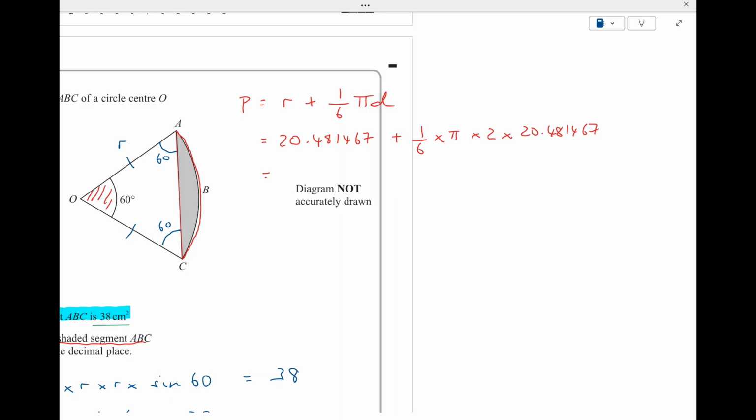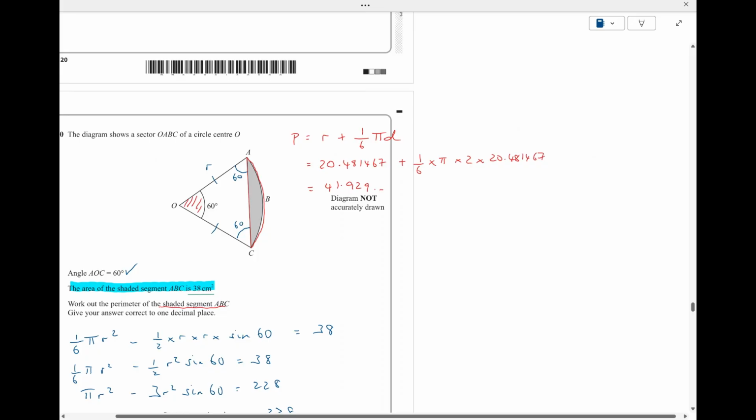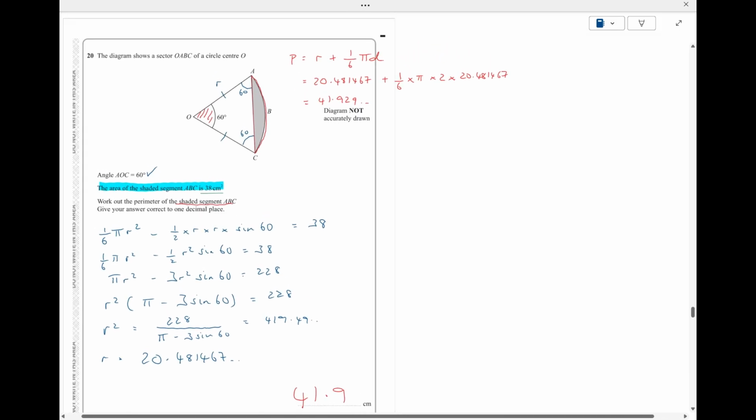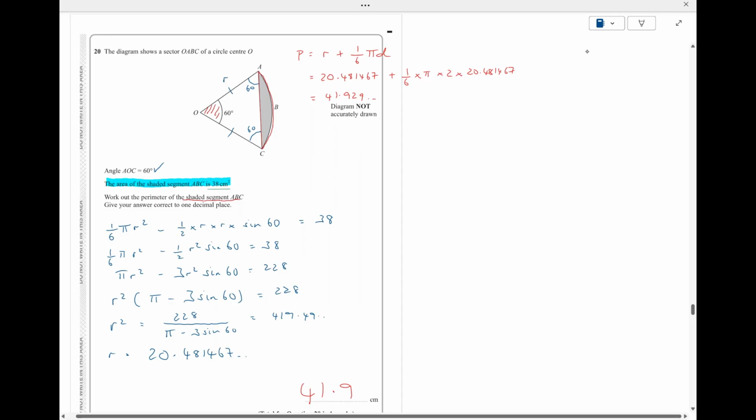Right, 6 times pi times 2 times 20.481467 gives me an answer of 41.929 and so on. And I'm asked to give my answer to one decimal place. So my answer is going to be 41.9. And that is question 20.